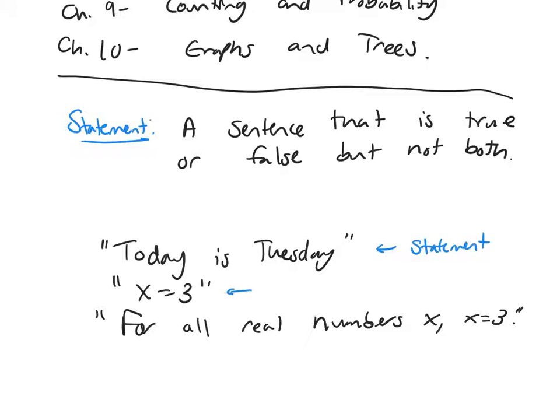And if we look at x equals 3, we don't know what x is. So depending on the value of x, it could be true or it could be false. So it could be both, which means this one is not a statement.